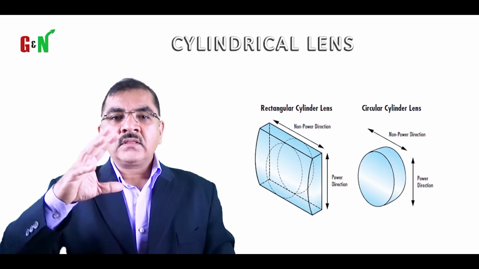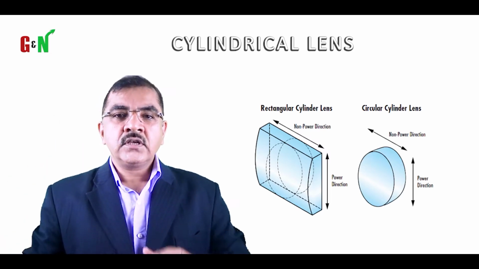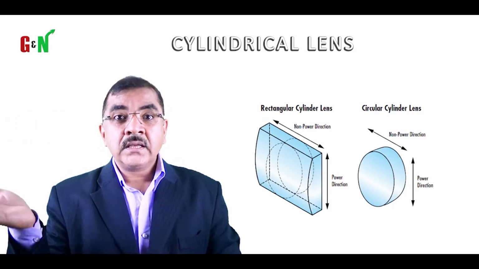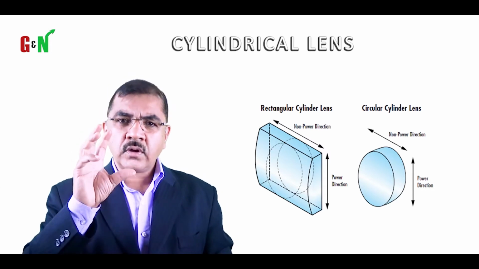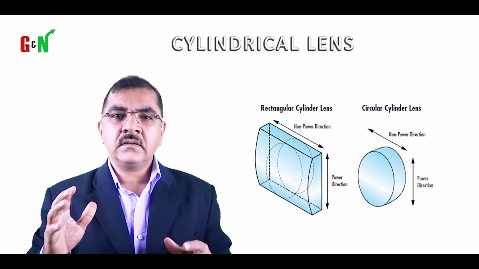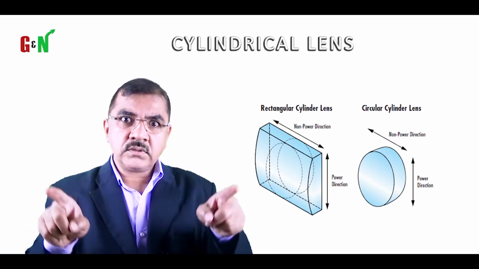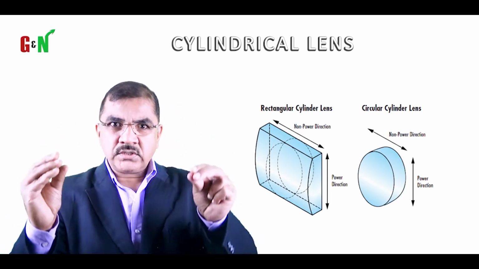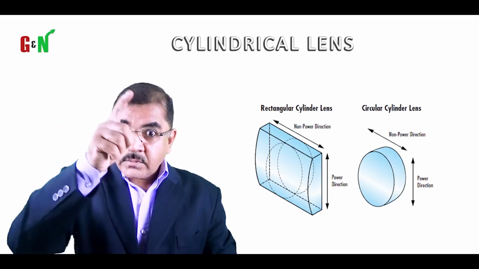Because the shape of the eye for an astigmatic patient is not like a football. It is like a rugby ball. I don't know if you have seen the rugby ball, but you have definitely seen an egg. And you have definitely seen a football. Football is round in shape. An egg is oval in shape. So if you cut the center of the egg, it will be very round.